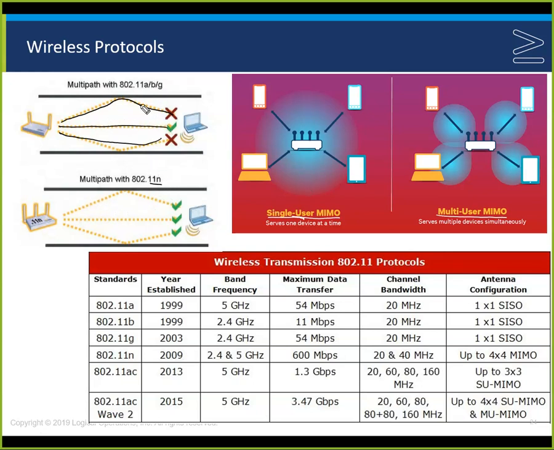With 802.11n, we got MIMO, multiple input, multiple output, which means that we could have multiple connections to the wireless and be able to send the signal on all of the connections. And the number of antennas was really the thing that dictated what would go on with these things.